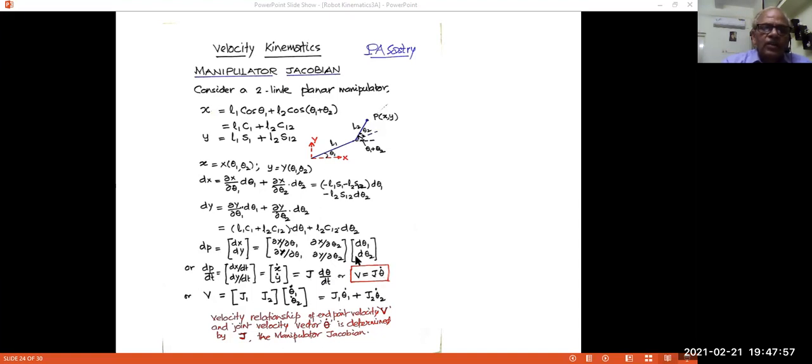We can write J as J1 and J2, the two columns. V is equal to J1 theta 1 dot plus J2 theta 2 dot. This velocity relationship of the endpoint velocity V with the joint velocity vector theta dot is determined by J, the manipulator Jacobian.